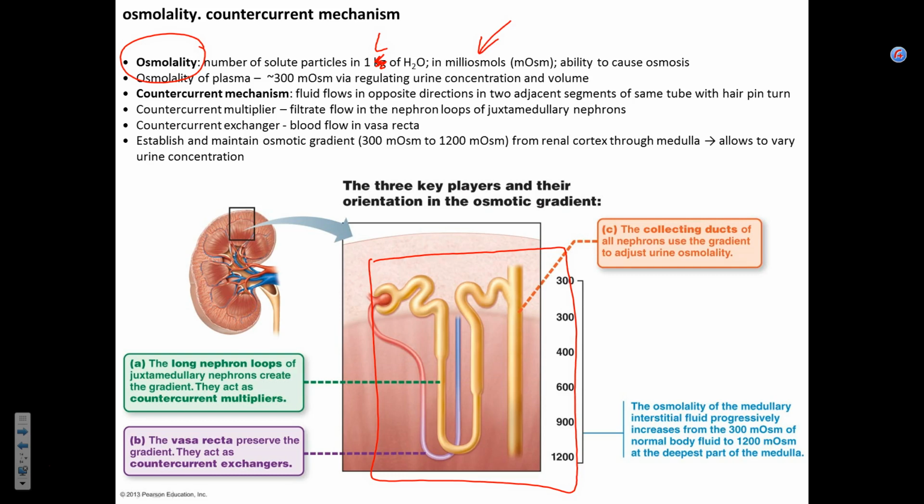So for instance, let me explain it to quickly understand if we get a grasp on it. 1 mole of sodium chloride is 1,000 millimoles. Are you with me? If you dilute 1 mole of sodium chloride in 1 liter of water, you're going to have 1,000 millimoles of sodium and 1,000 millimoles of chloride ions.